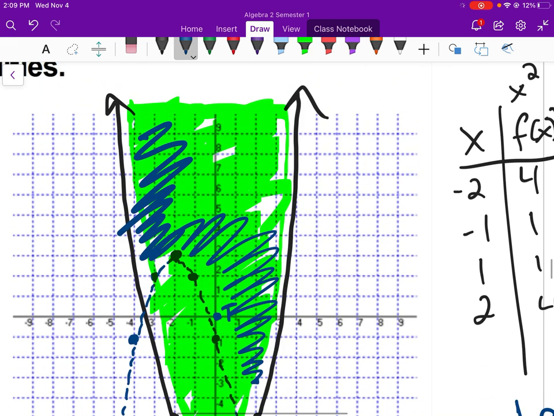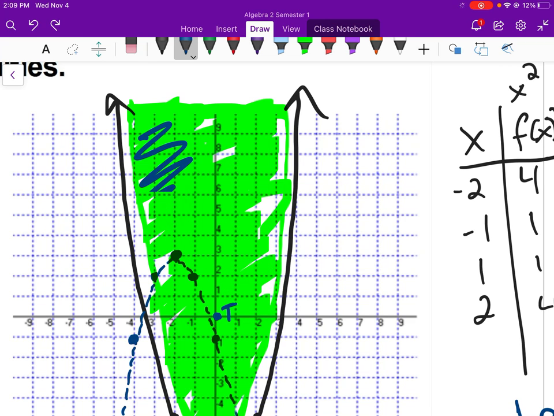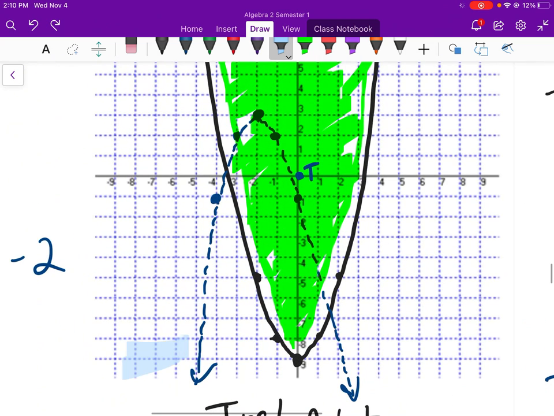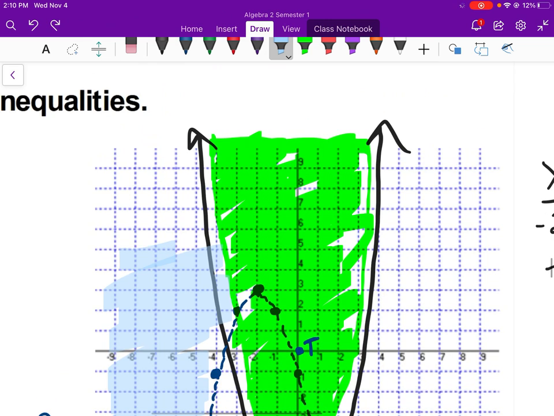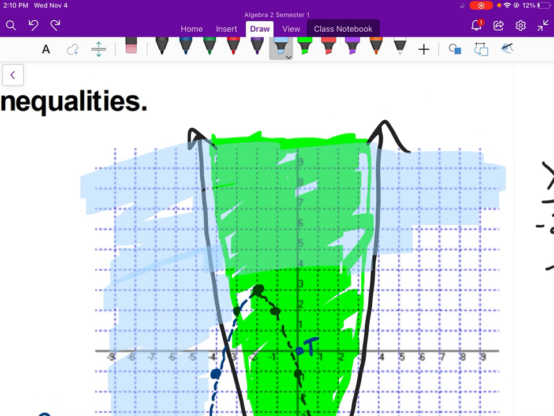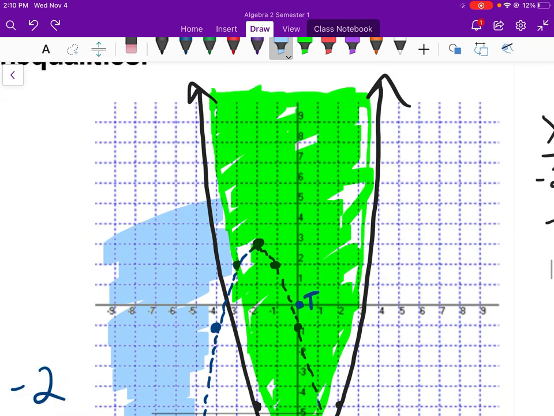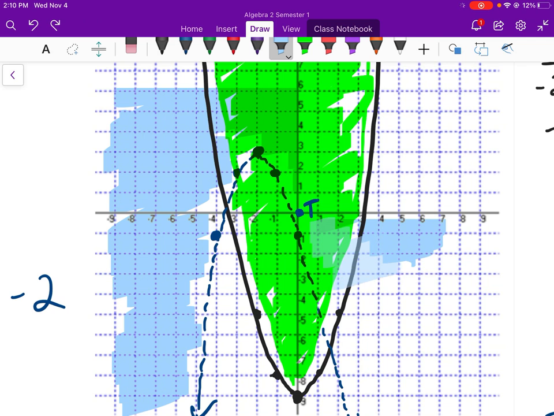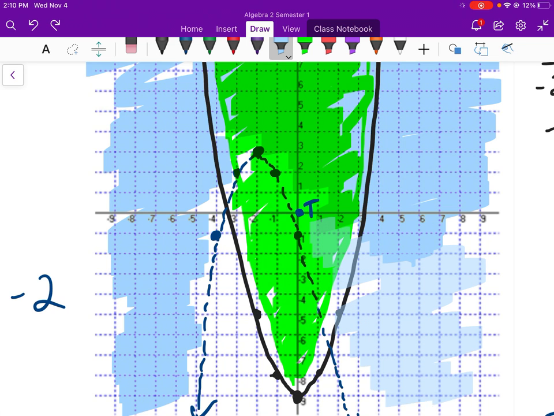Now remember, we're looking for where it overlaps. So I could shade completely on the outside. Let's do that one in blue. We would shade the whole outside of that. Again, since it's a quadratic system, we are looking for where it overlaps.